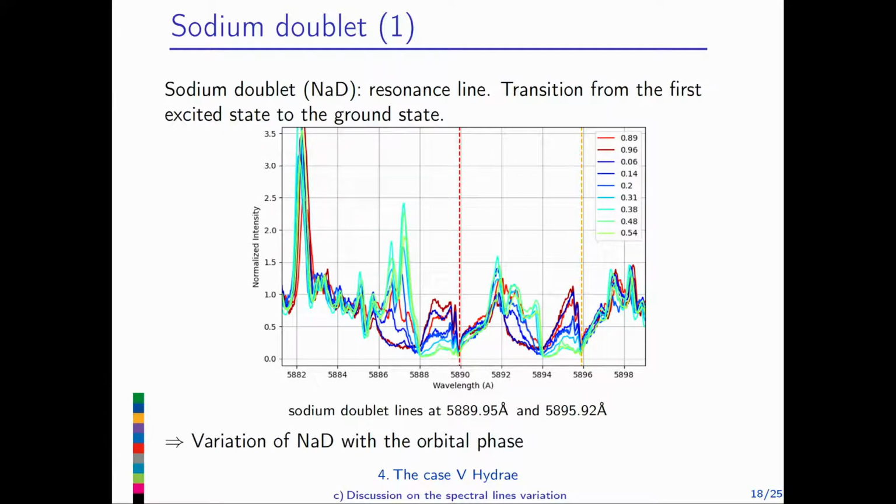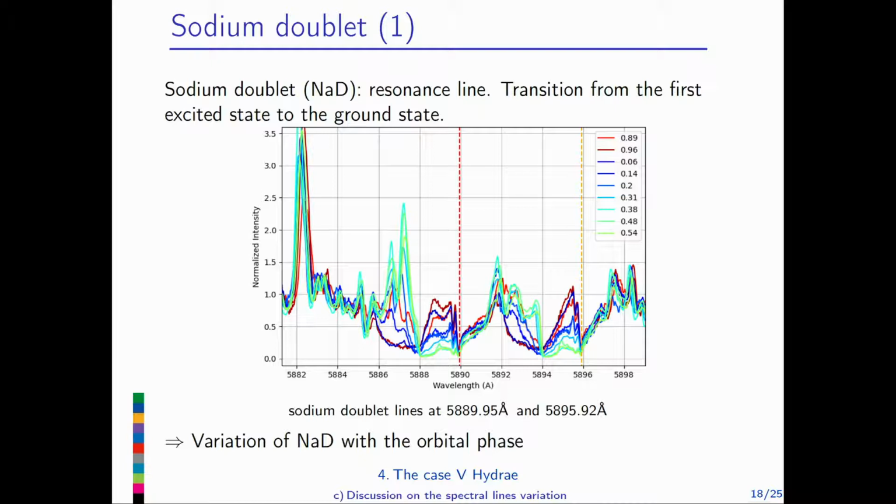So here you have the spectral window showing the sodium doublet in the star V Hydrae. Same as the last picture, each color represents a different orbital phase, and the vertical line represents the laboratory value of the sodium doublet. And here you can see that the star undergoes some modulation of the intensity near the doublet.